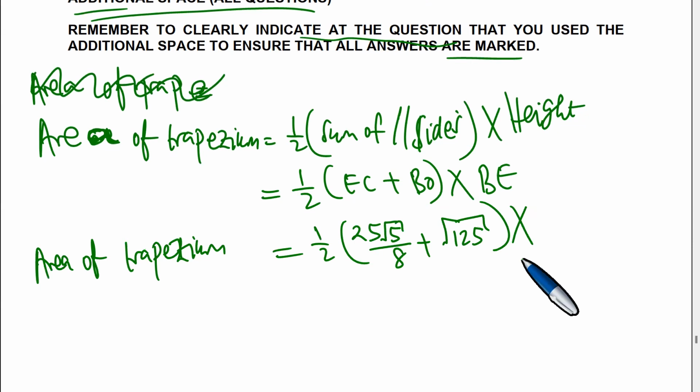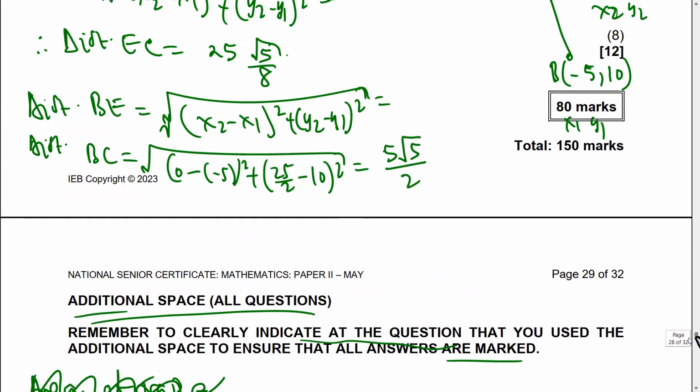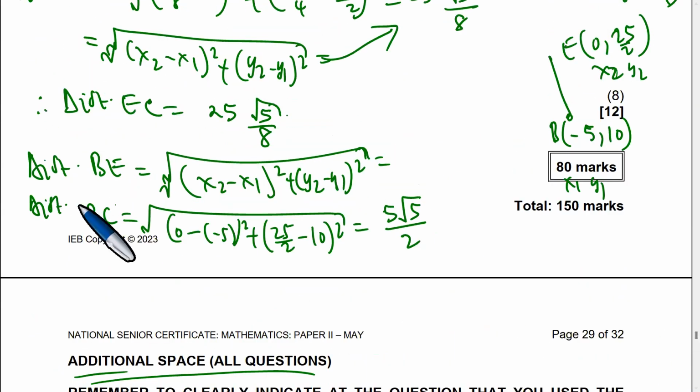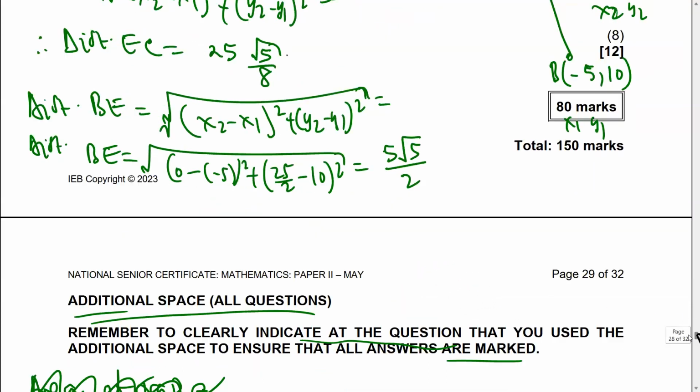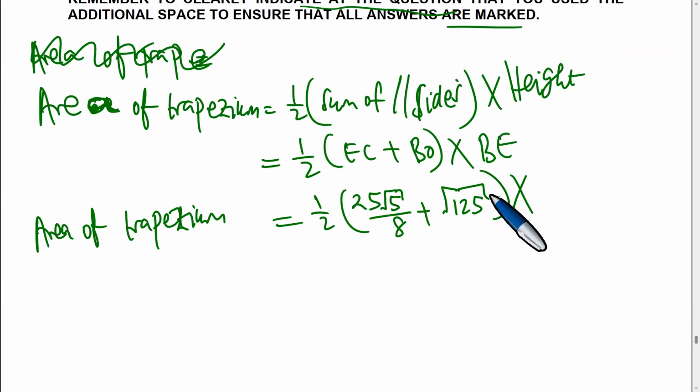Can continue and finish off. BE, the perpendicular height, is 5 the square root of 5 out of 2.